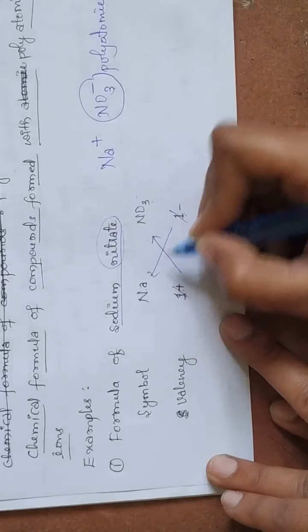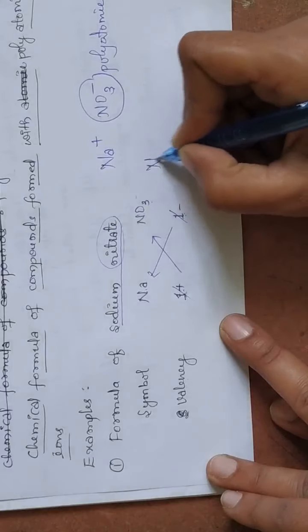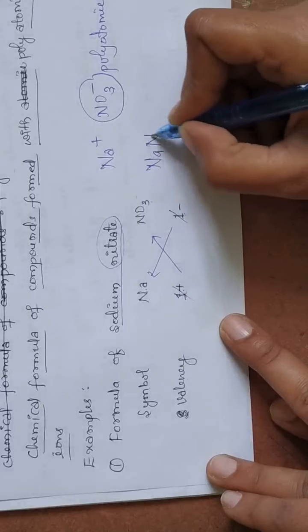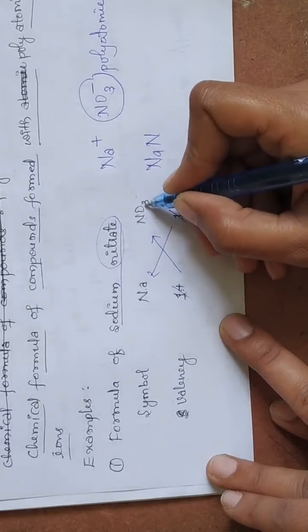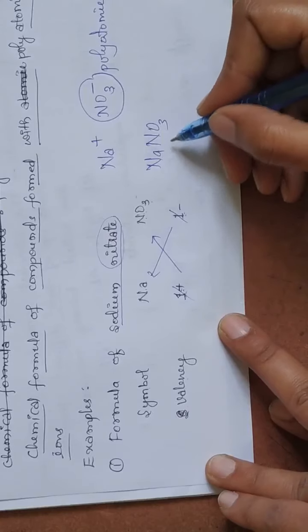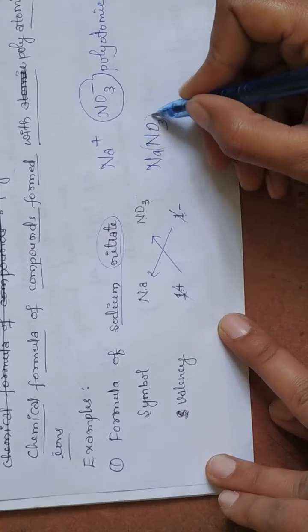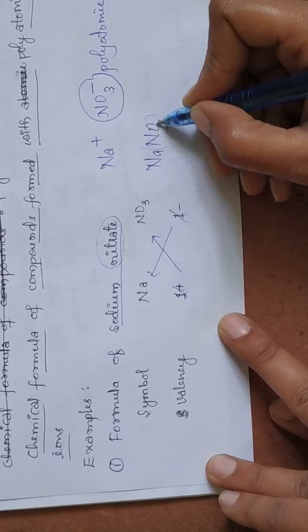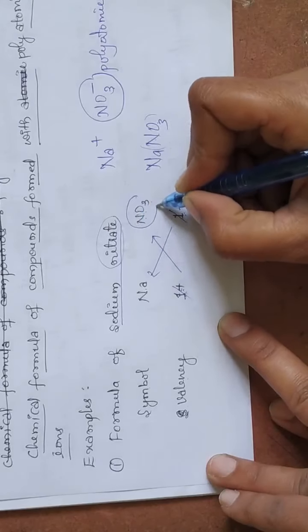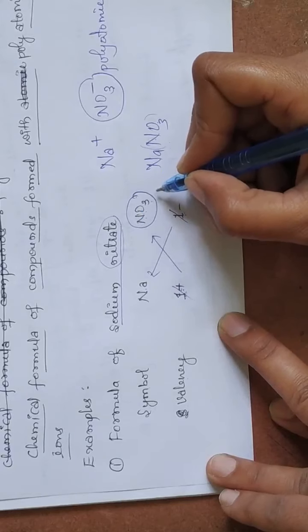Or we can also multiply like this: 1 into Na, sodium, and 1 into NO3, the nitrate ion. In this case there is no need to write the nitrate ion inside the bracket, because the number of nitrate ions combining is 1.